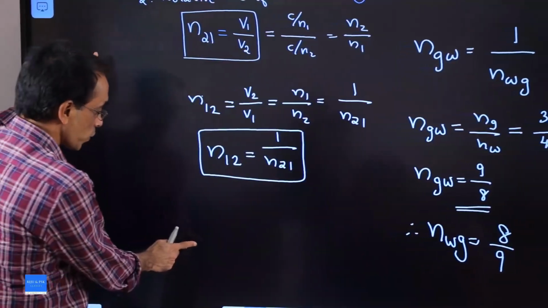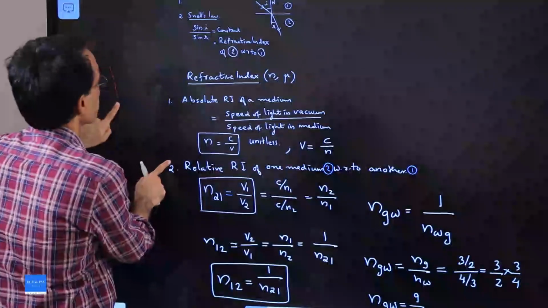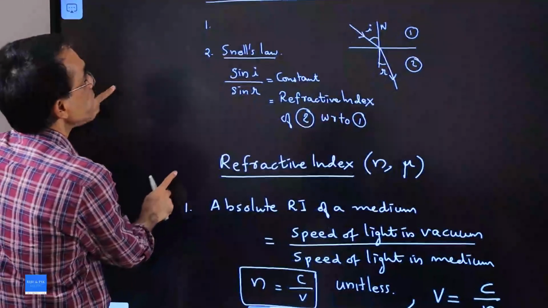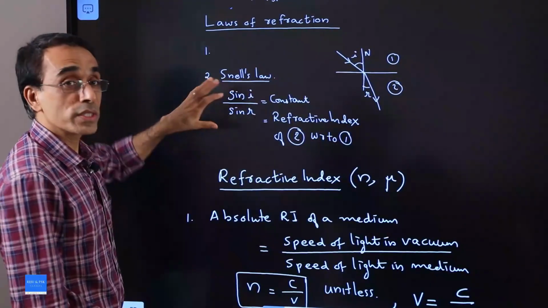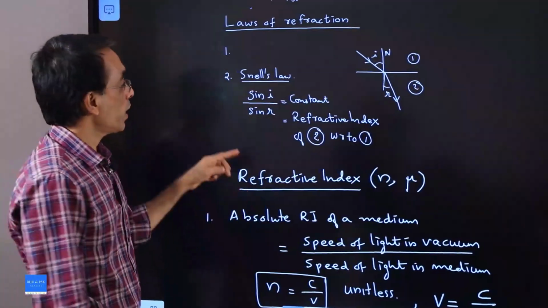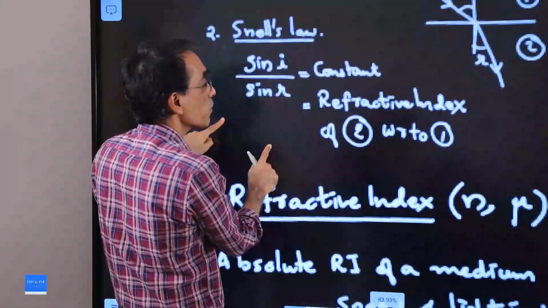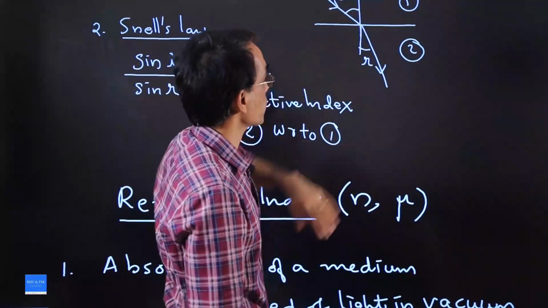So what we discussed so far are these points. We were discussing laws of refraction. The second law is also known as Snell's law, and that gives you sin I by sin R is a constant. That constant is called the refractive index of the second medium with respect to the first medium.